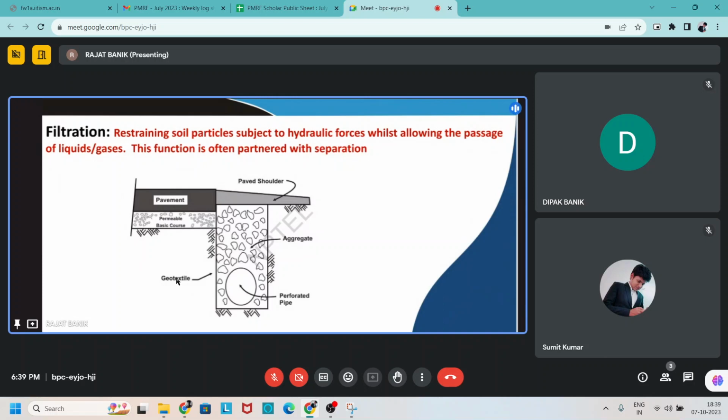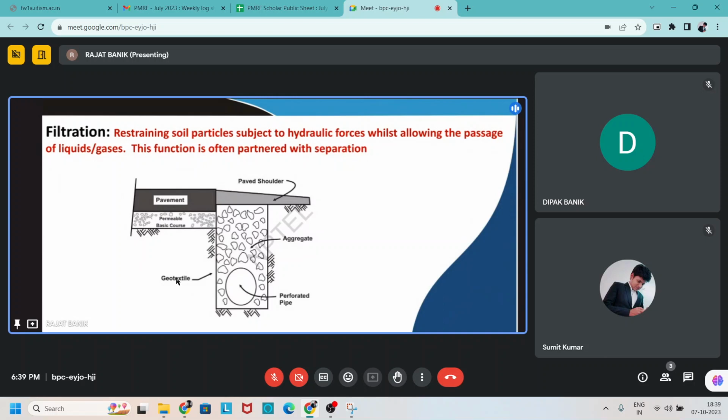And it is mostly used in pavement work when it is used as an embankment. When you construct an embankment, there is a possibility of particle flow with water, and to confine these particles and only pass the water, we can use geosynthetic as a filtration.